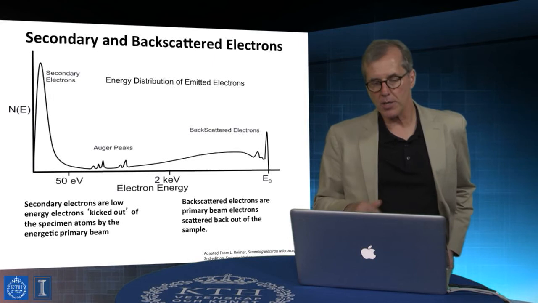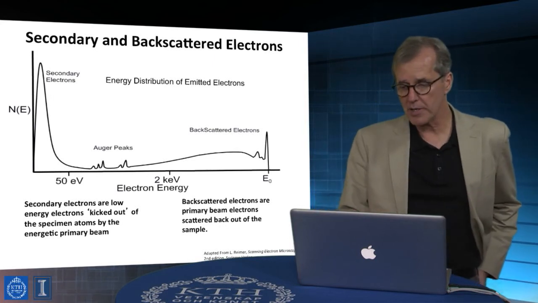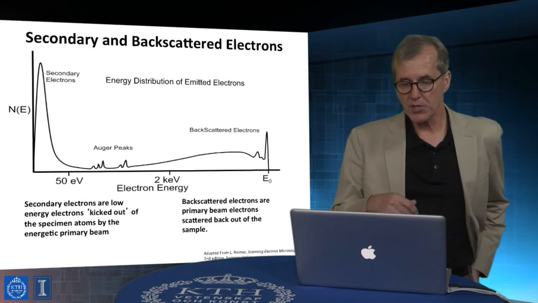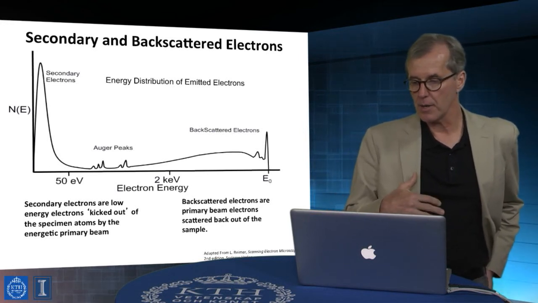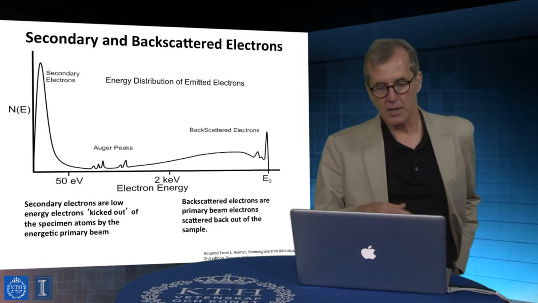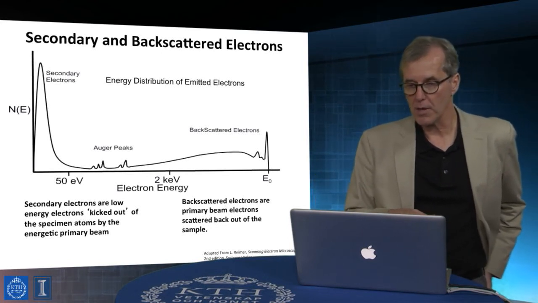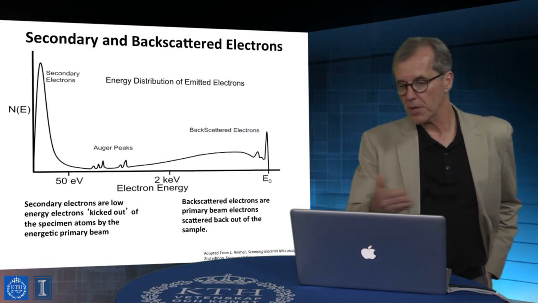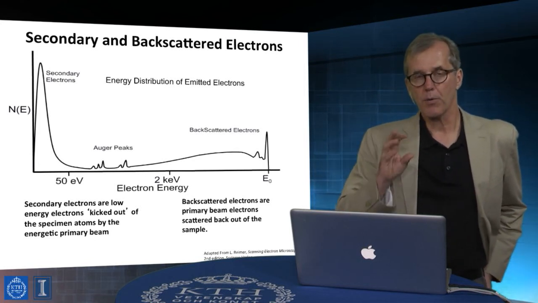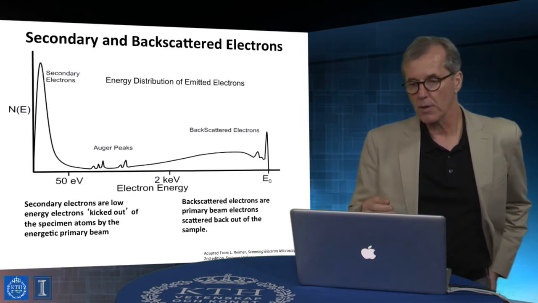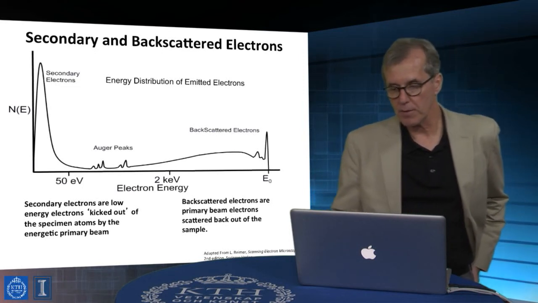All right, so this is a plot that shows the electron yield as a function of kinetic energy, and this is shown at a particular kinetic energy associated with the primary electron beam. Clearly, this is a parameter that is impacted by the choice of your primary electron beam energy.